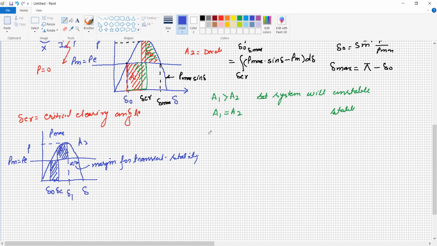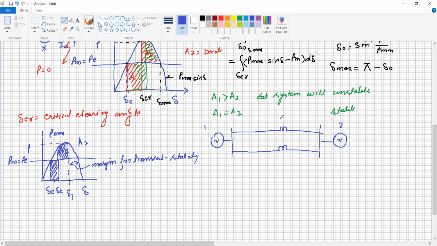Say, for example, there are different cases for transient stability studies. For example, this is the supplying end or source, and there are two transmission lines. When there are two transmission lines, there are two reactances, and it is going to supply the machine 2. We are restricted to machine 1 and machine 2.